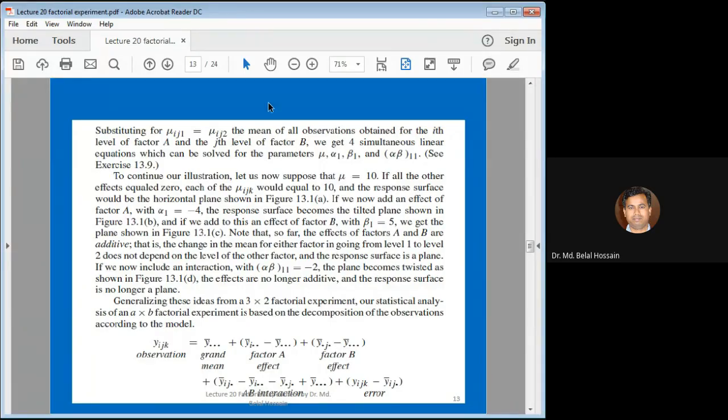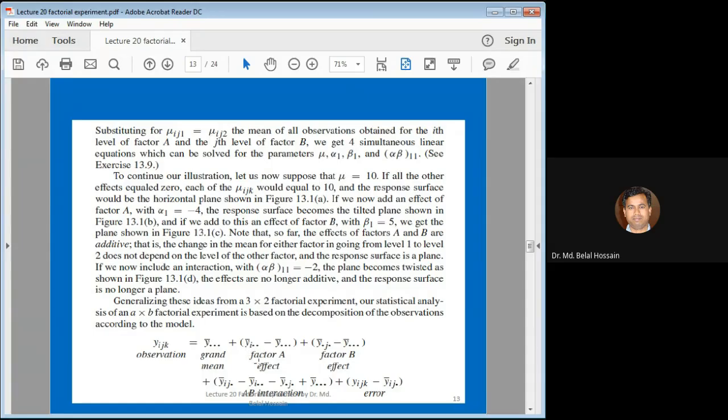we can partition this observation yijk in 4 different parts. That is like in ANOVA, that is the general mean. Okay, this is the factor A effect, that is y bar i dot dot.